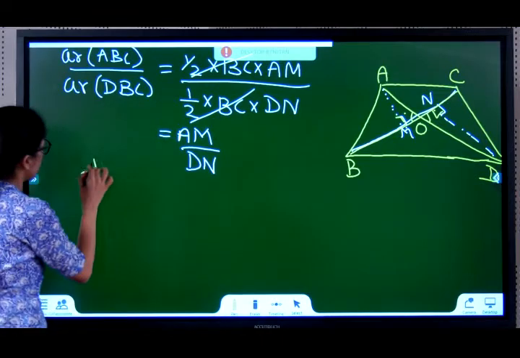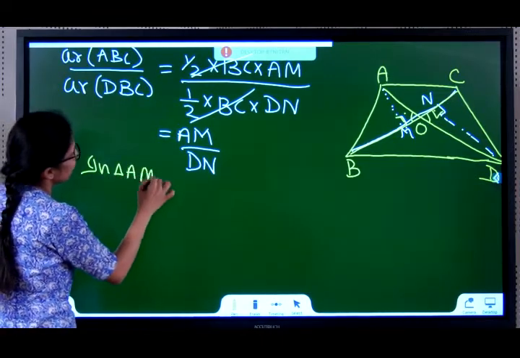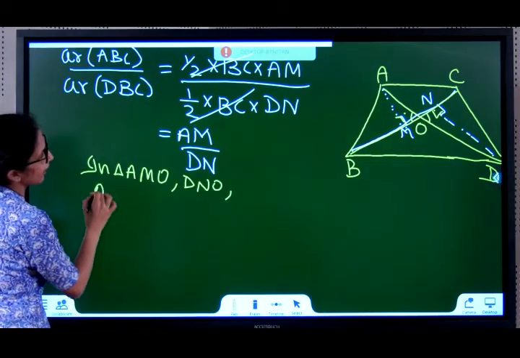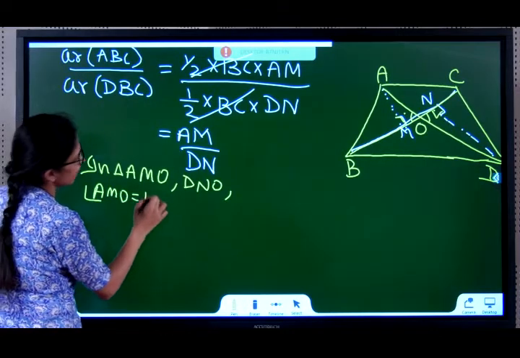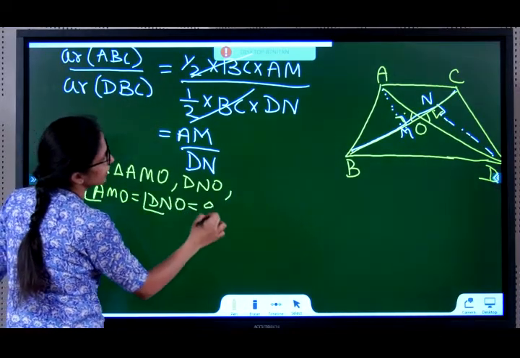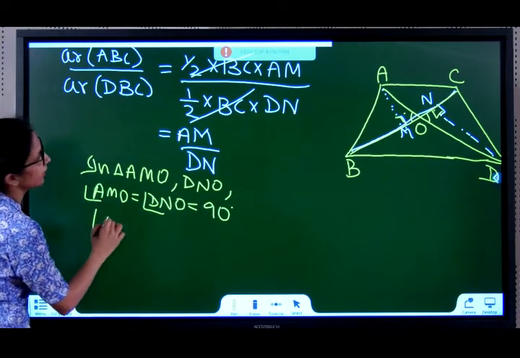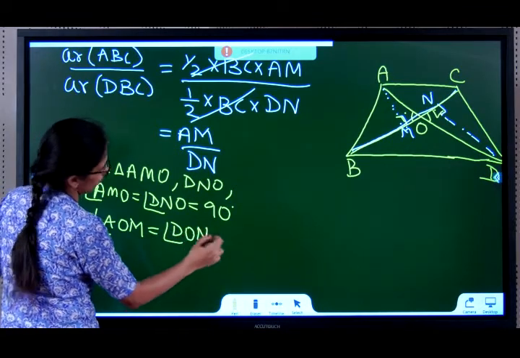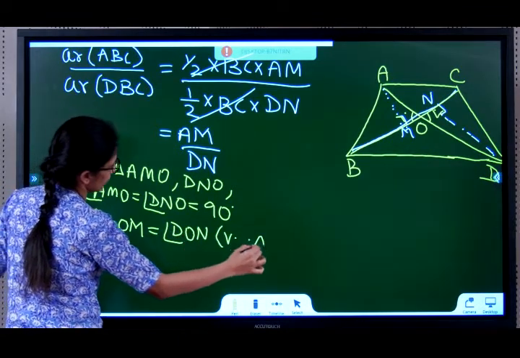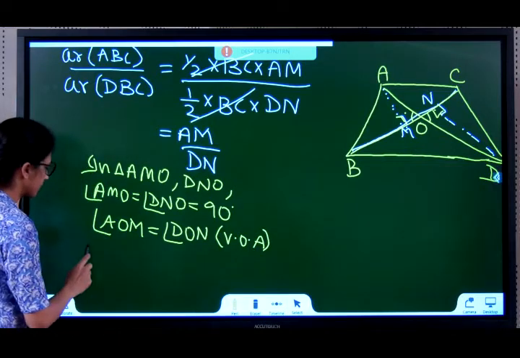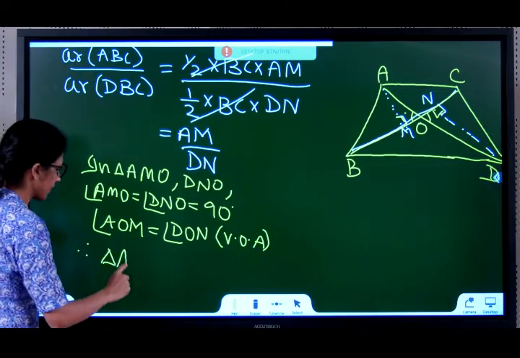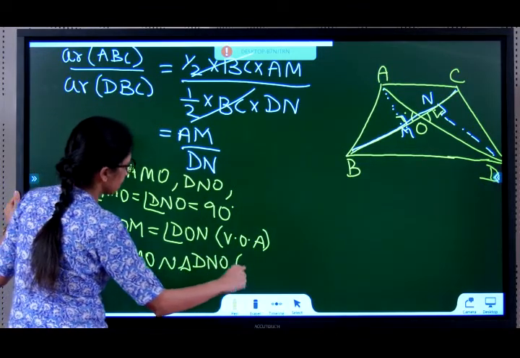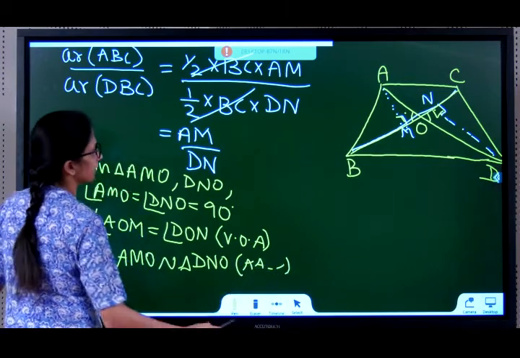So in triangle AMO and triangle DNO, angle AMO is equal to angle DNO equal to 90 degrees, and angle AOM is equal to angle DON. Reason, vertically opposite angles. Therefore, triangle AMO is similar to triangle DNO. Reason being AA similarity criteria.